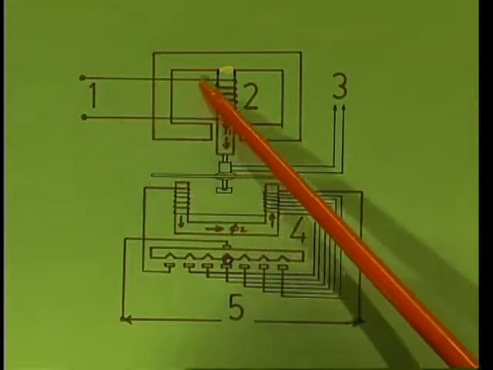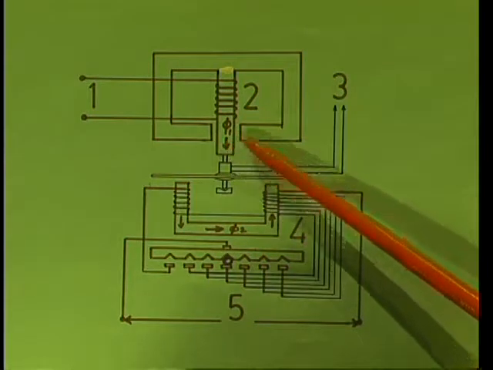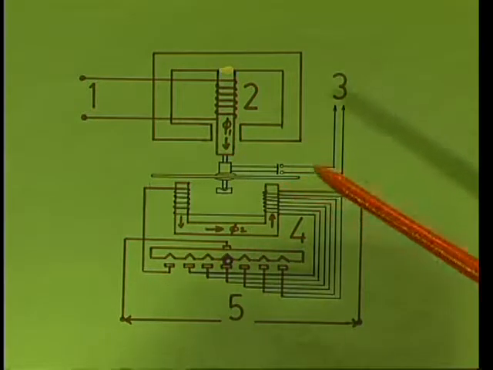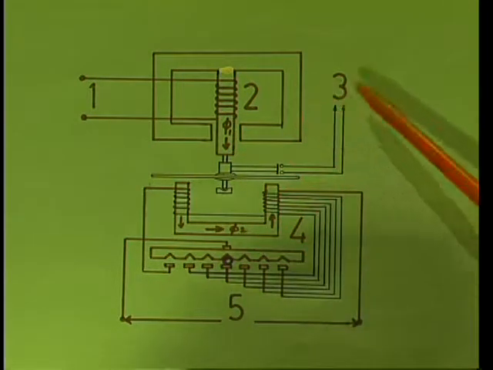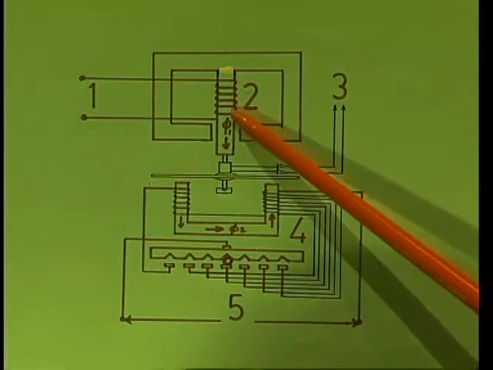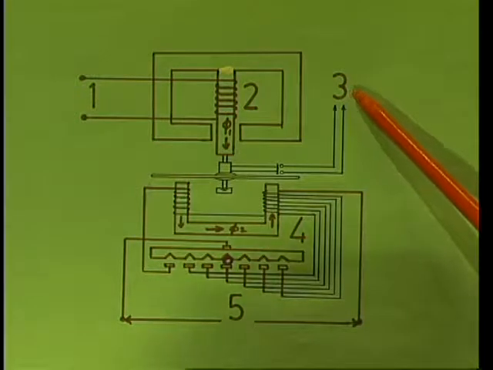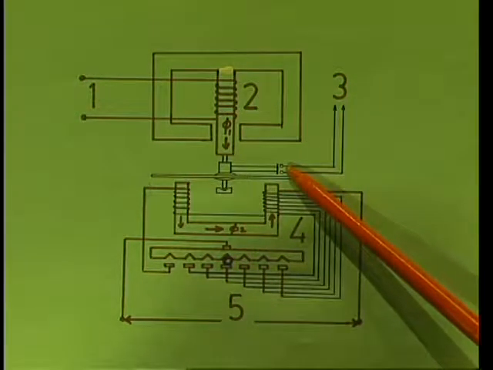From the PT the winding is connected, and the winding is placed upon the central limb of the upper electromagnet. Next is the upper winding. Third is the connection that goes to the trip circuit from the fixed contacts.